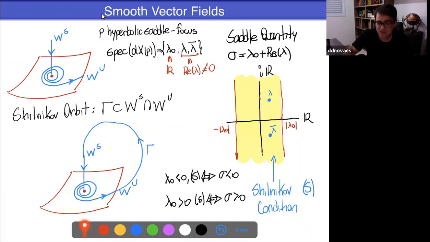This means that the closest eigenvalues to the imaginary axis are the complex conjugated ones. If the real eigenvalue is negative, the Shilnikov condition is equivalent to sigma being negative, and if the real eigenvalue is positive, the Shilnikov condition is equivalent to sigma being positive.